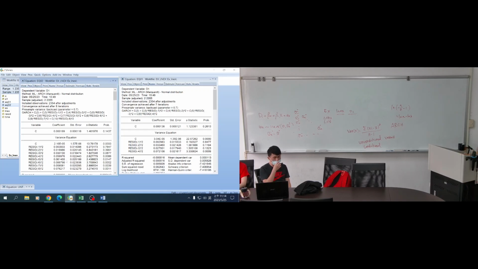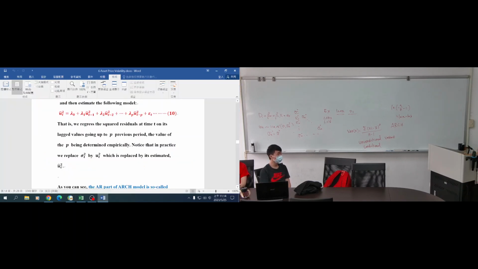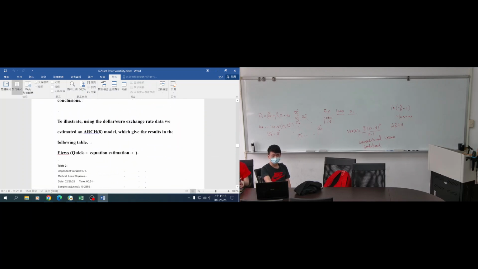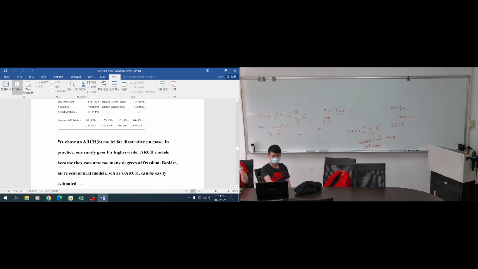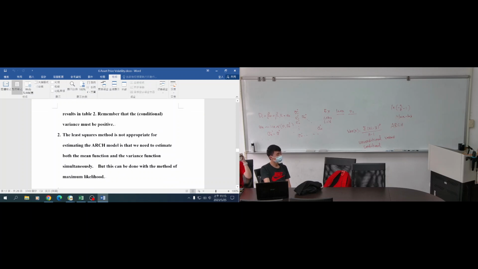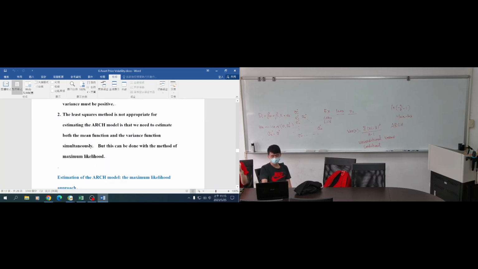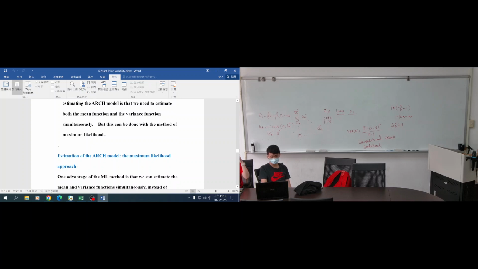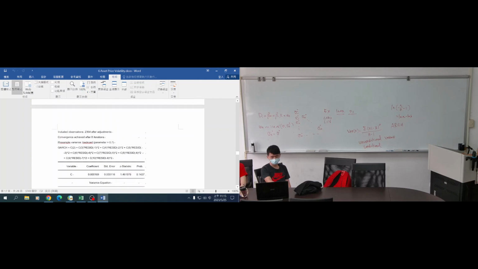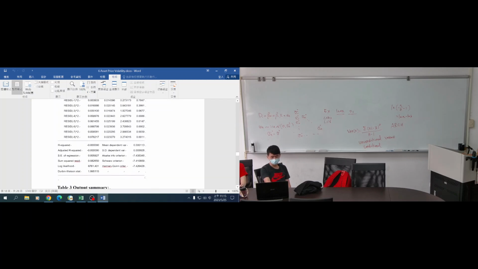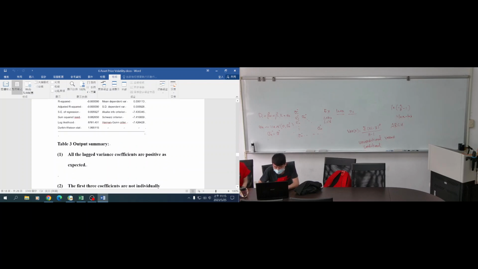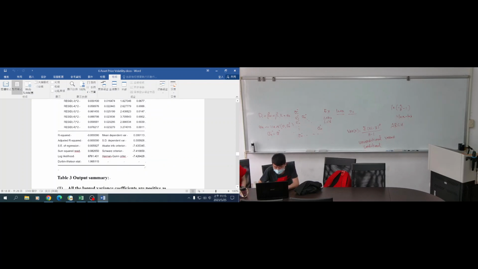Let me explain it in the math way. Let's see this one. This is what I use, the eighth order. Then let's see the summary.